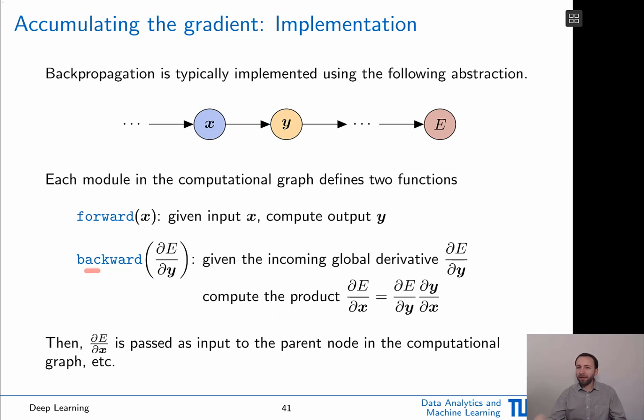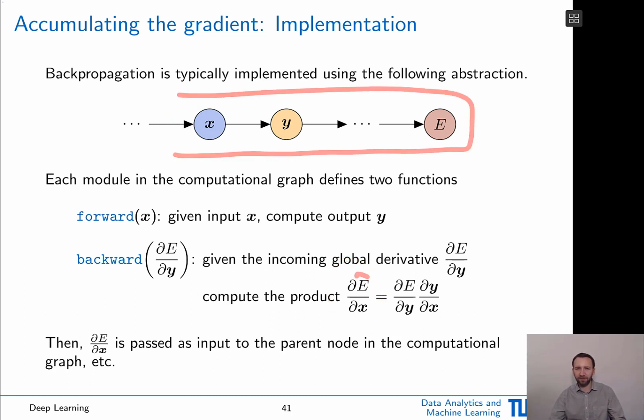The backward pass is not computing these local derivatives and multiplying them at the end. But the backward pass is aiming to get this incoming global derivative until here. You see, we compute the global derivative until here. And then what this backward pass should do, and that's our goal, is report the global derivative of the full chain, so to say.